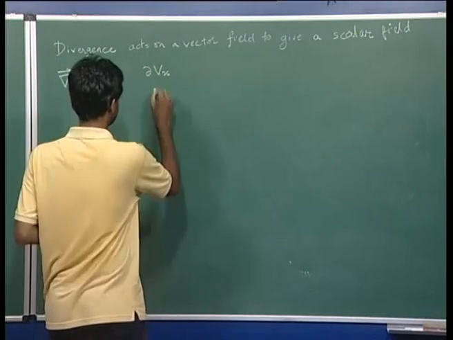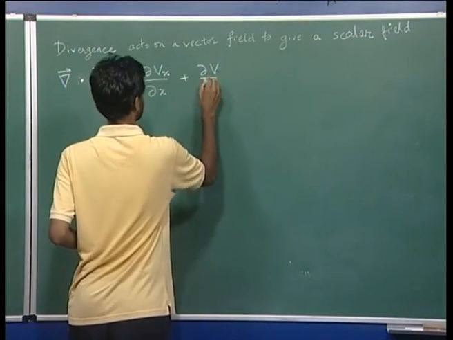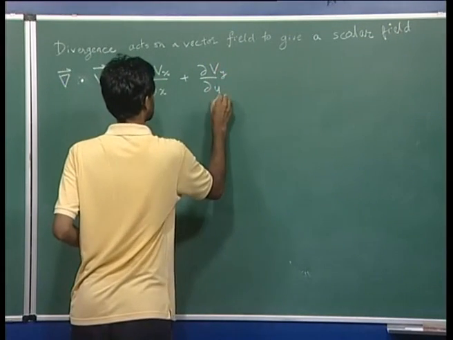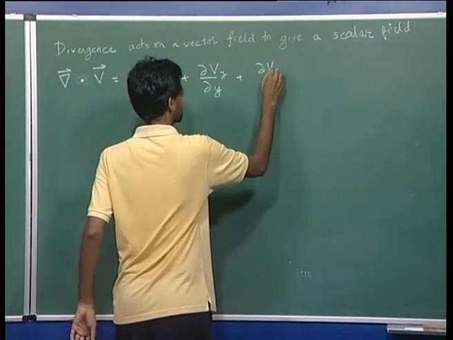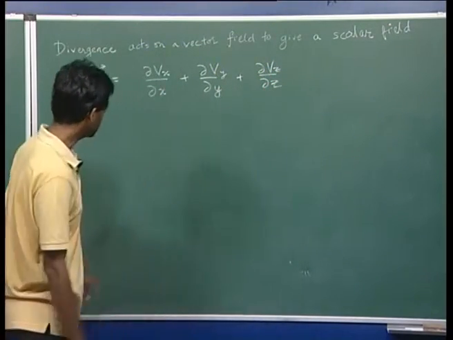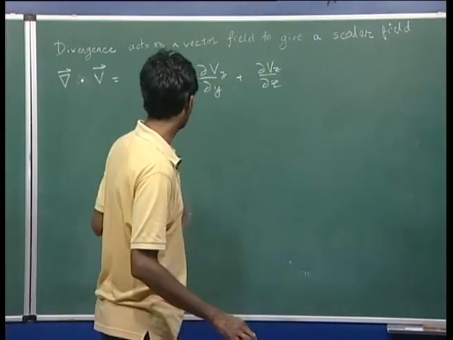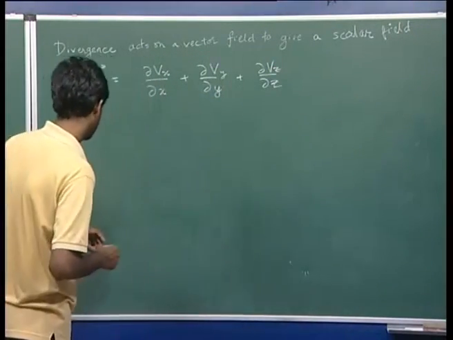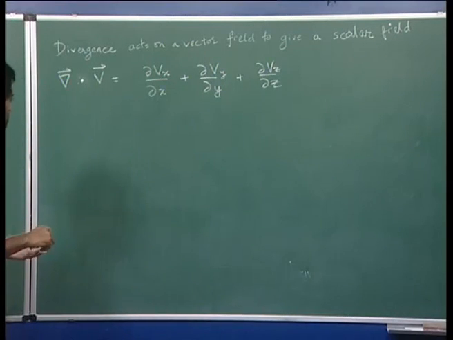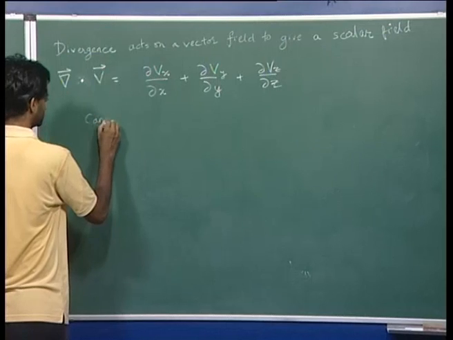Del dot V is dVx by dx plus dVy by dy, and so on. Okay. So, each of these are partial derivatives. Okay. So, now how do we understand this quantity? To understand this, the first thing we note is that this can be defined for any dimensions.